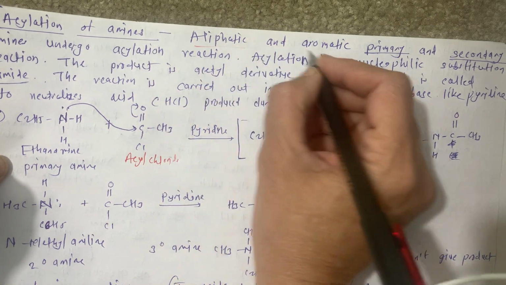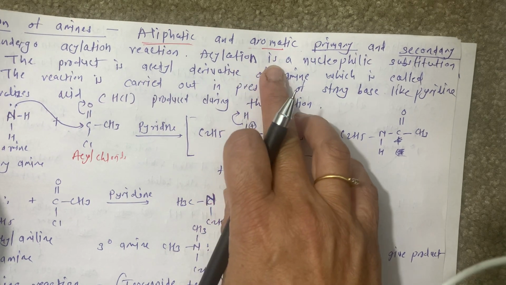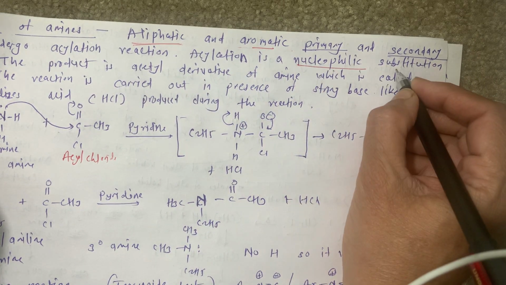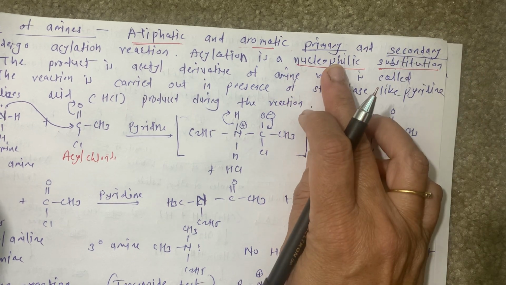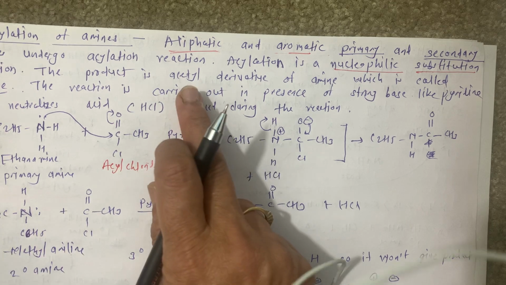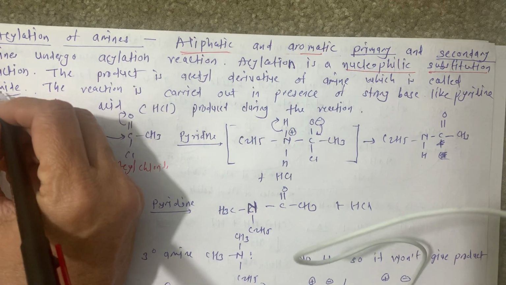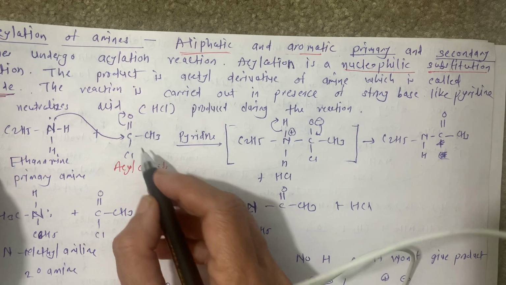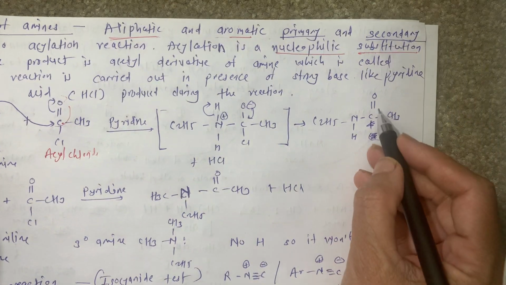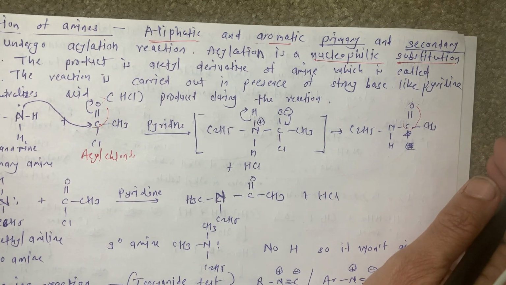So both aliphatic and aromatic will undergo acylation. Acylation is a nucleophilic substitution, like the SN1 and SN2 which we studied. The product is an acyl derivative of amine, which is called amide. When a C double bond O group is attached, then that will become amide.